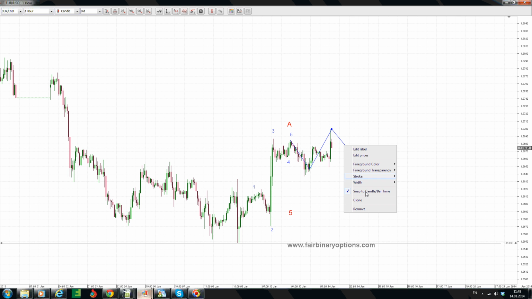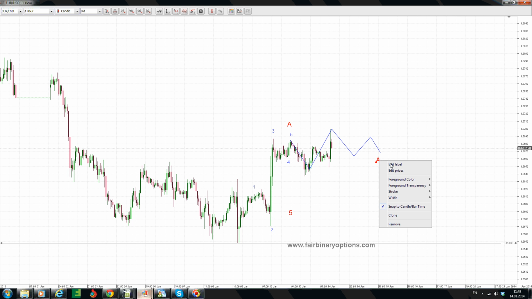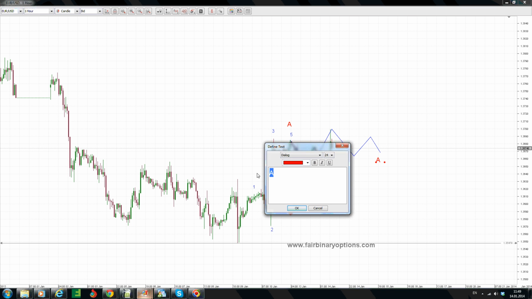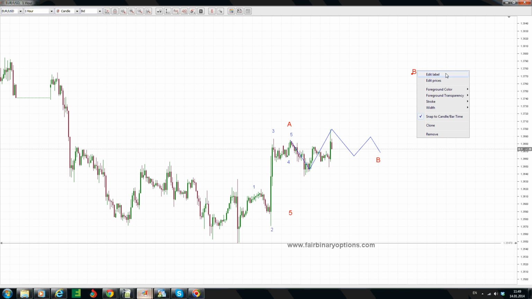A, B, C, D, and E. This to be the end of the B wave out of this degree. And then to look for another 5-wave structure to the upside for the C wave to come.